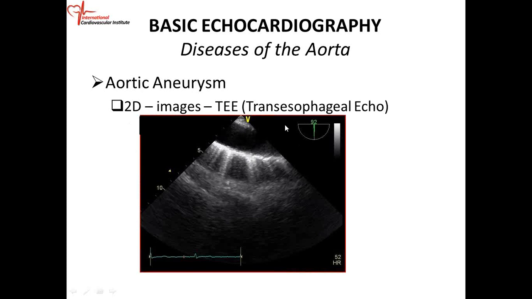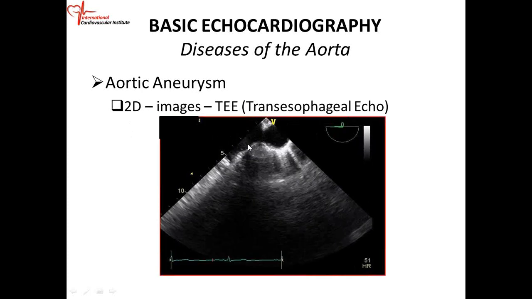Once you see this circular thing at the side, it's a transesophageal echo. And this is a long axis view. You spread the aorta out and you can look at the wall. You can do your measurements to see if there's any aneurysm. You can also look to see if there's any plaque on the wall. So transesophageal echo is very important.